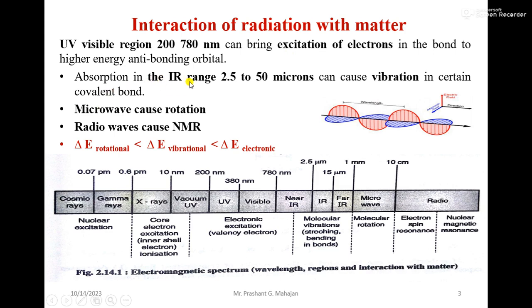Absorption in the IR range, from 2.5 to 50 microns, can cause vibrations in certain covalent bonds. Vibration includes stretching vibration as well as bending vibration. Microwaves cause rotation, and radio waves cause nuclear magnetic resonance.